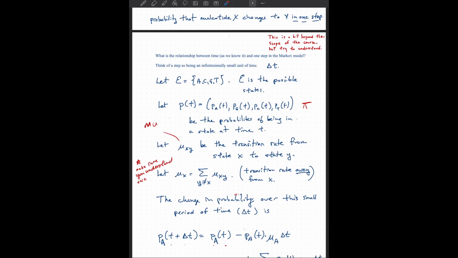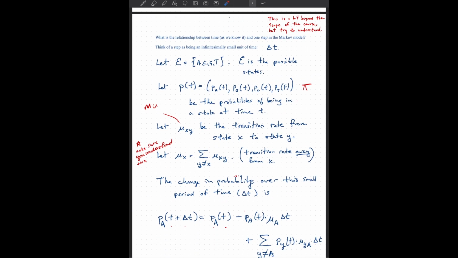This is new, and you need to make sure you understand it. Let's let mu sub x be the probability that I transition away from x, okay? So I can write that as the sum over all the nucleotides y not equal to x of mu of x going to y.